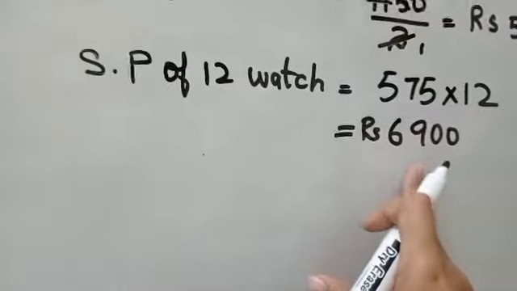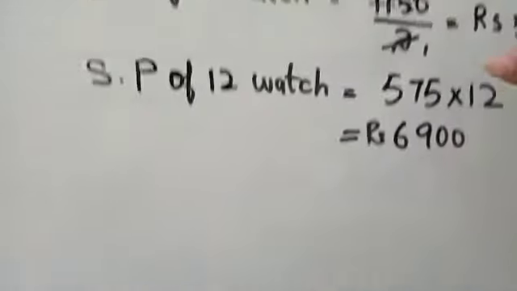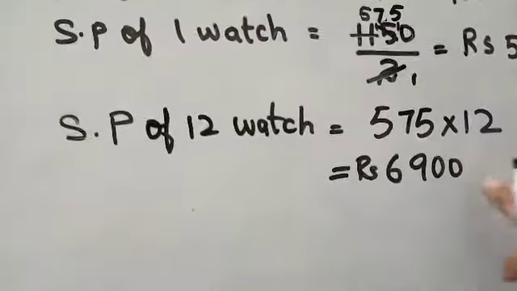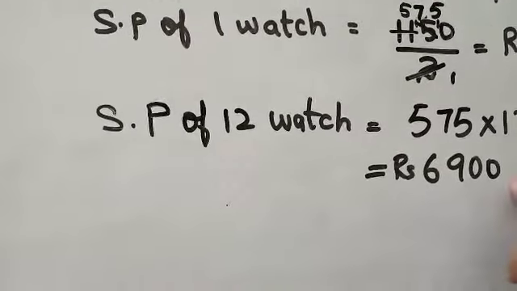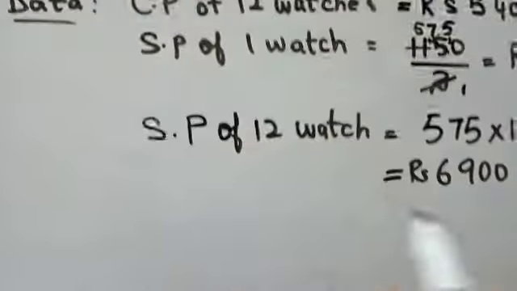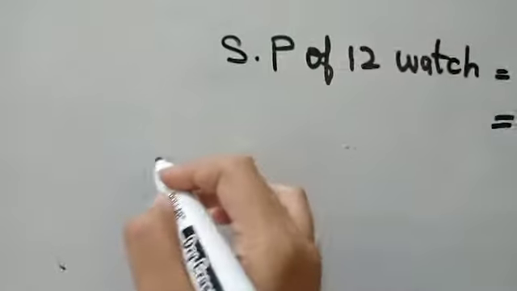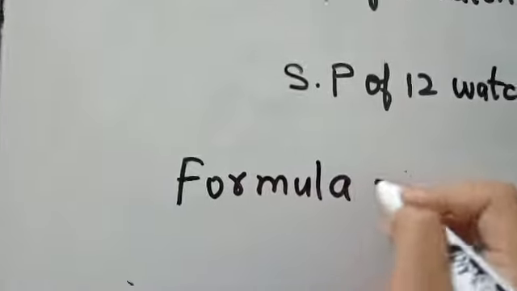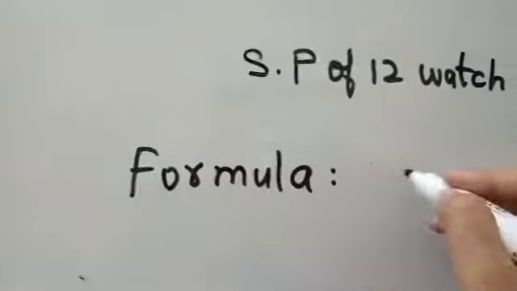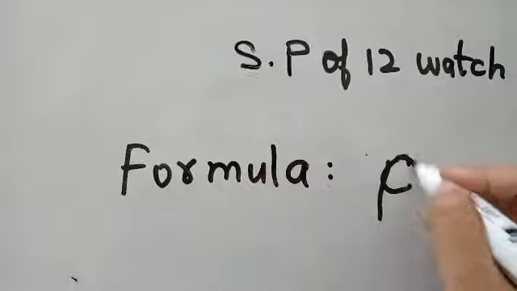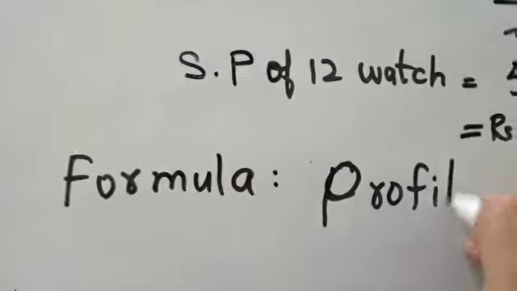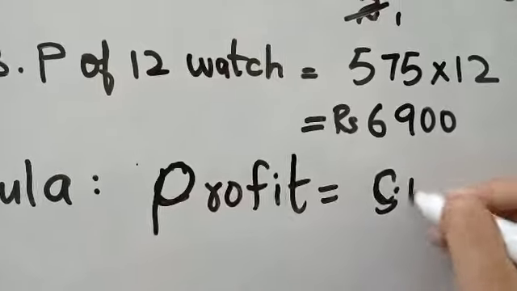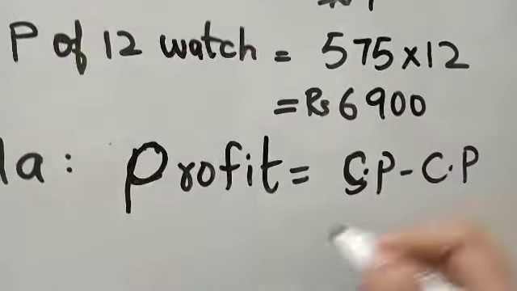Okay, now I will use the formula. I know that this amount is greater than this amount. This was the cost price of 12 watches and this amount is the selling price. So when selling price is greater than cost price, then it is always profit. So the formula which I will use to calculate profit is equal to selling price minus cost price.